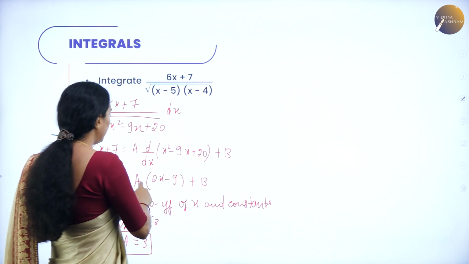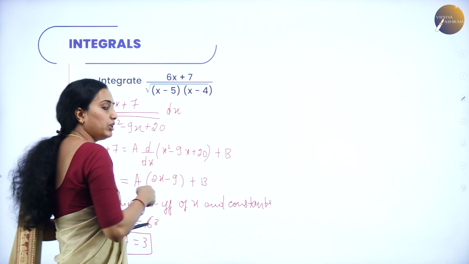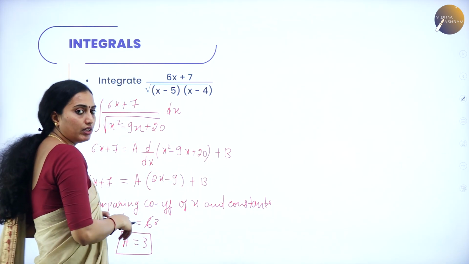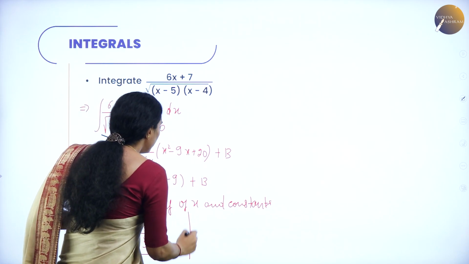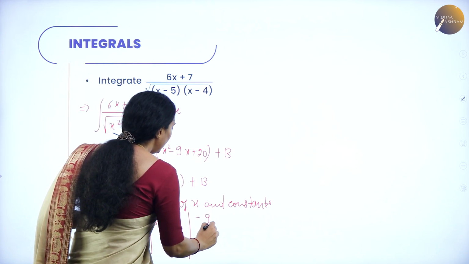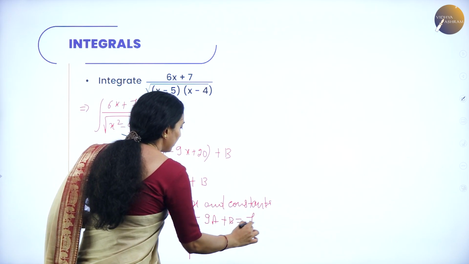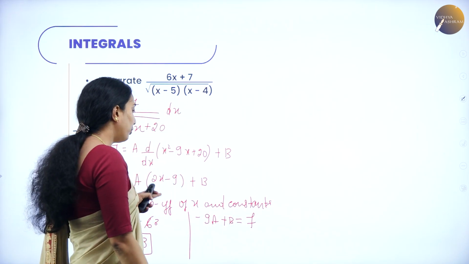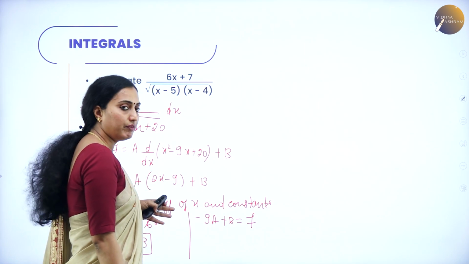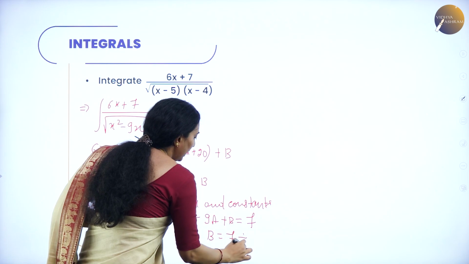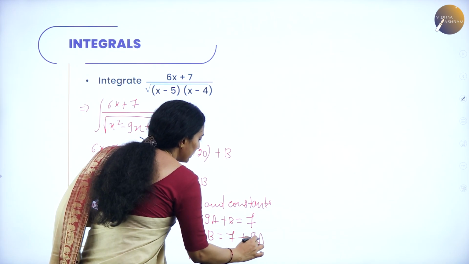In the constant term here, minus 9 into a plus b, minus 9a plus b, on the right hand side is plus 7. So you have minus 9a plus b is equal to 7. You already know the a value, you don't know the b value, so keeping b as it is, taking 9a to the other side, it becomes plus 9a.